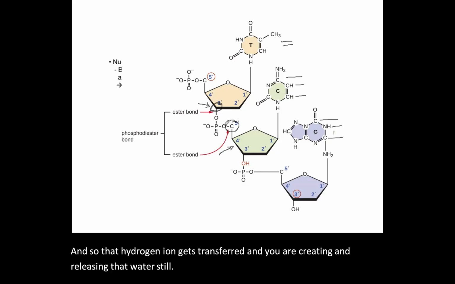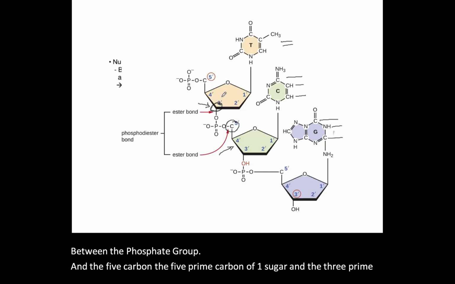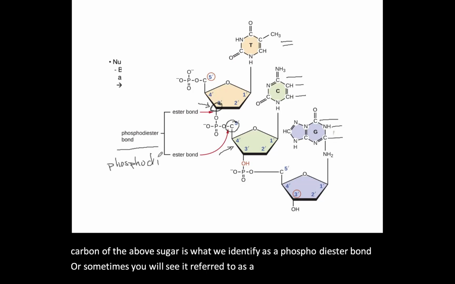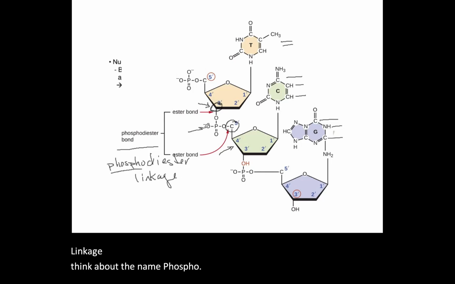The bond that is formed between the phosphate group and the 5' carbon of one sugar and the 3' carbon of the above sugar is what we identify as a phosphodiester bond, or sometimes a phosphodiester linkage. Think about the name: phospho, because it's involving a phosphate group as the intermediary.